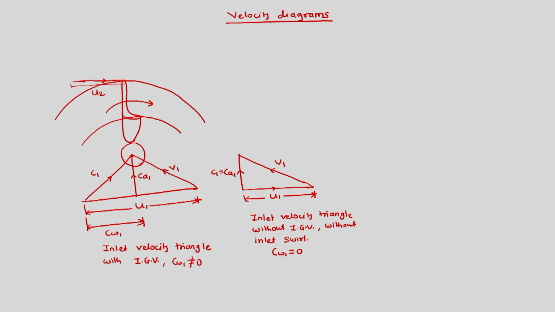Since this is a radial kind of situation where air would try to go radially, V2 is equal to CR2, and this induces absolute velocity C2, which has angle alpha 2, where alpha 1 is 90 degrees. This is beta 1, and beta 1 is equal to 90 degrees, and this is a special case for radial exit or radial blades. These are called radial blades.